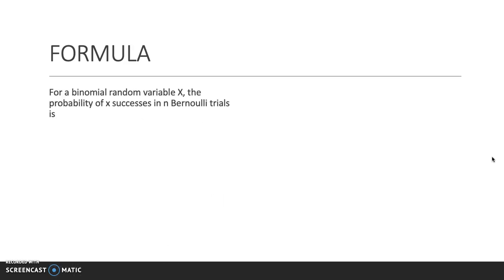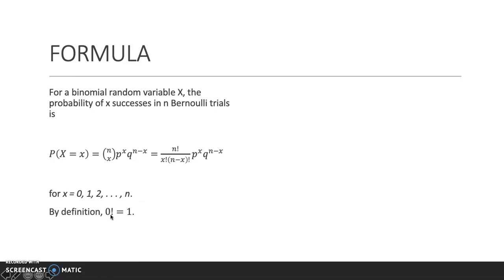So, for a binomial random variable x, the probability of x successes in n Bernoulli trials is given in this formula, for x equal to 0, 1, 2, and so on until n, the number of outcomes possible, or n can also be the number of trials. By definition, the factorial of 0 is equal to 1.